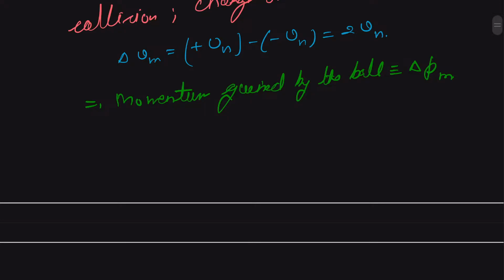Then delta P of m is equal to mass into change in velocity, that is m times twice v of n. And by conservation of momentum, the block must lose the same amount of momentum that is gained by the ball. So the momentum gained by the ball is delta P of m. Therefore, the momentum lost by the block should also be equal to delta P of m.